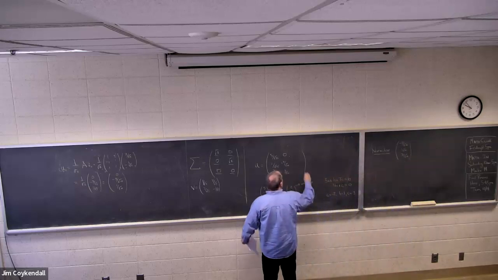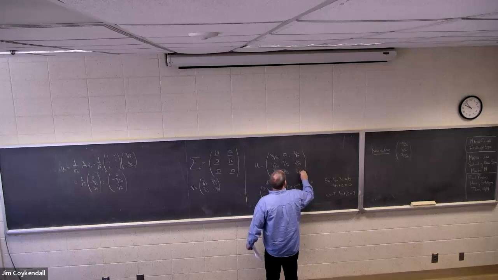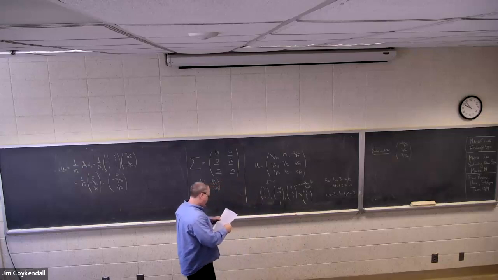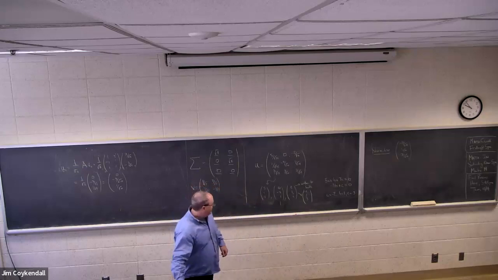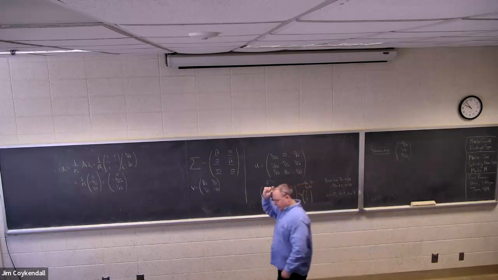So there I go: minus 2 over radical 14, 1 over radical 14, 3 over radical 14. And this should be my U. Okay, any questions on that?